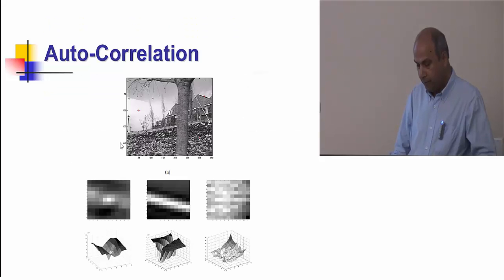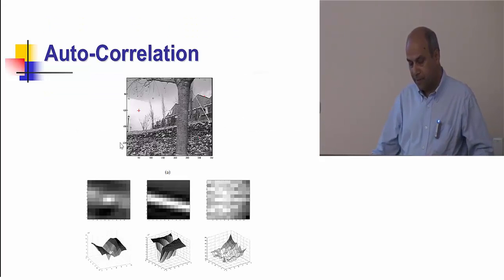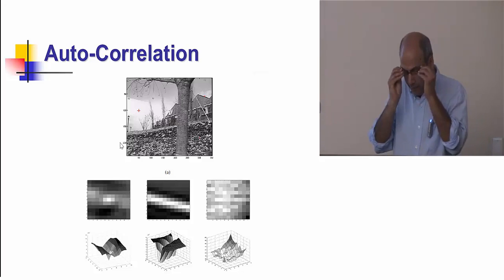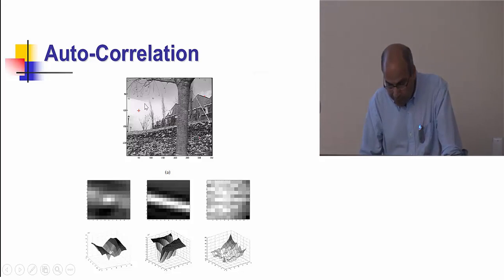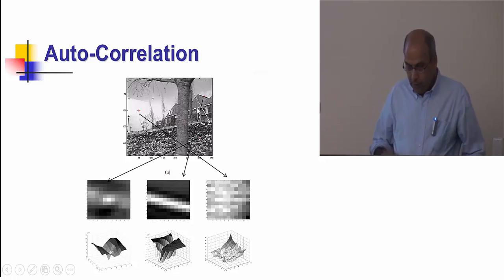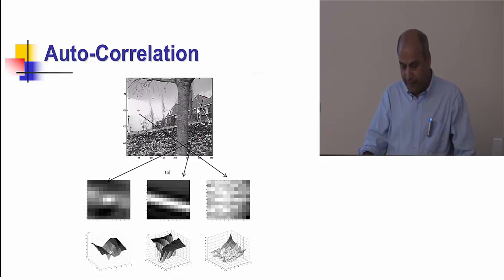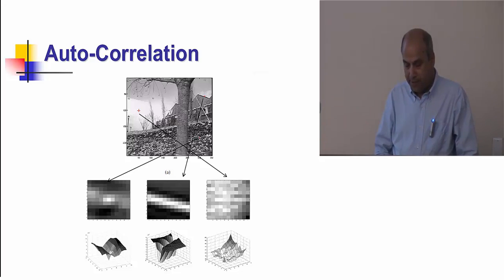Here is more explanation. As you see, we have an image, and we have these points here, another point here, and another point here. What we have done is generate this autocorrelation surface by shifting the window.